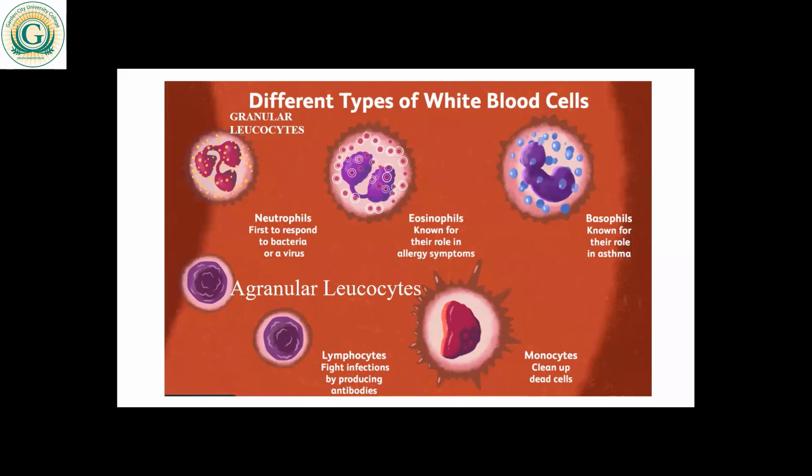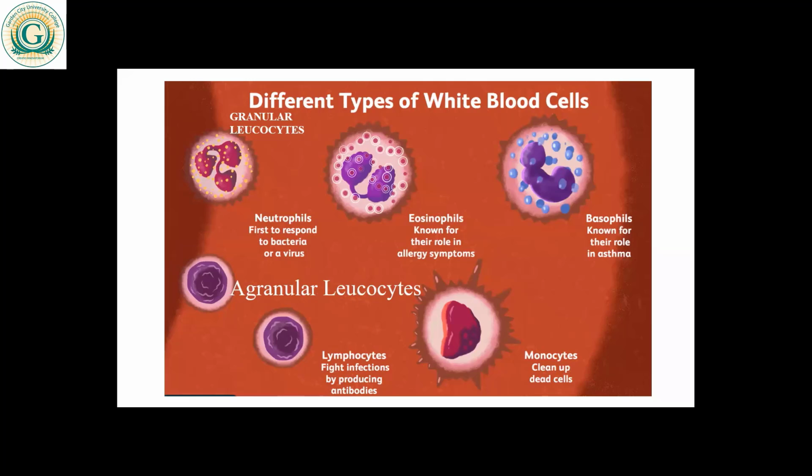It is these neutrophils that will invade that particular site in order to fight or eliminate the bacteria, or if there's a viral infection. And we also have the eosinophils. Eosinophils are also responsible if there is any allergic reaction.